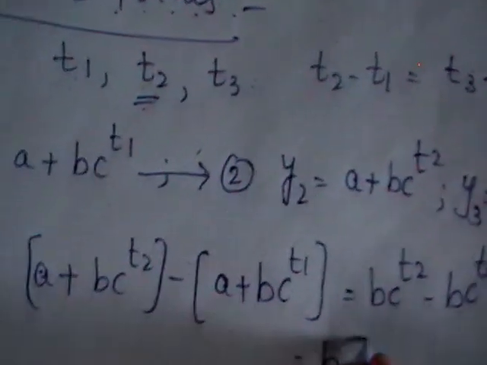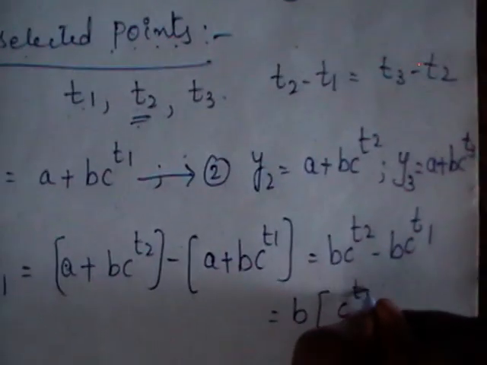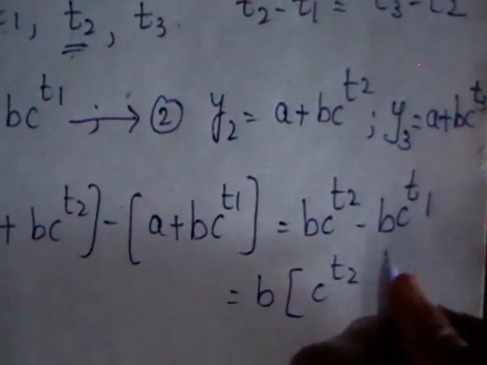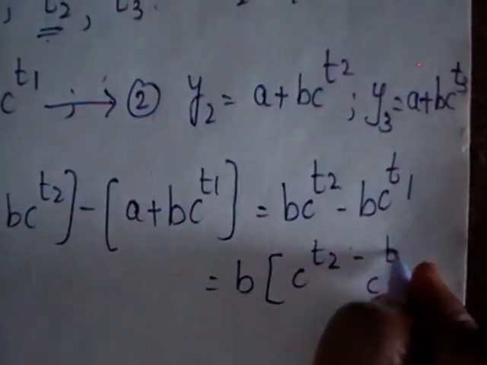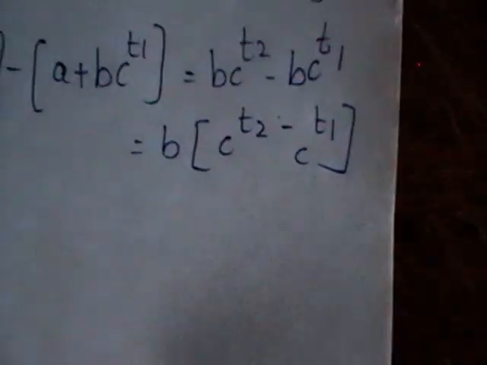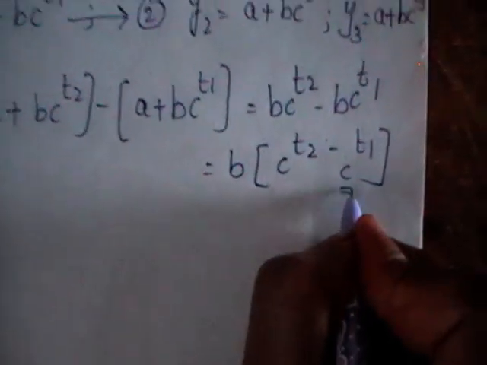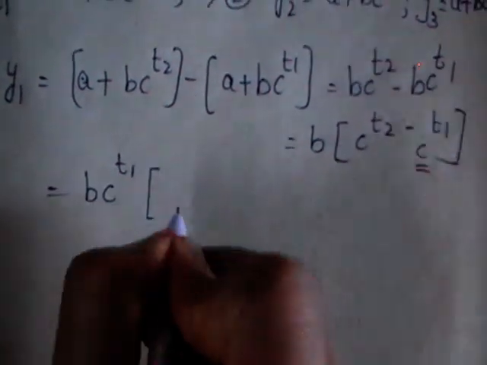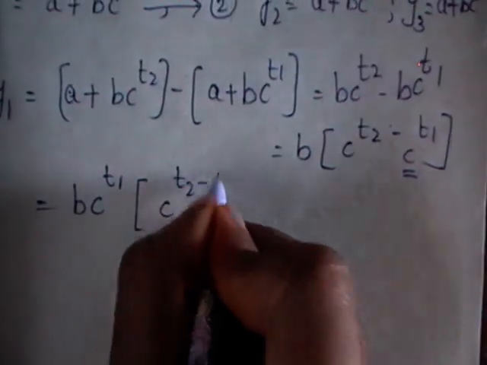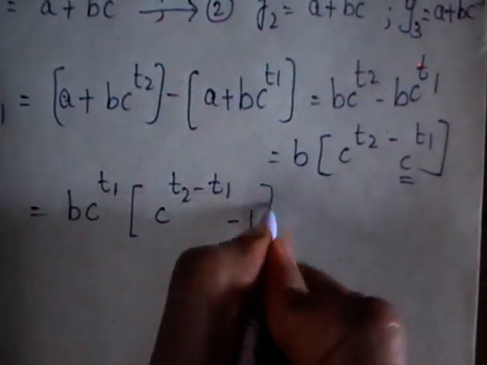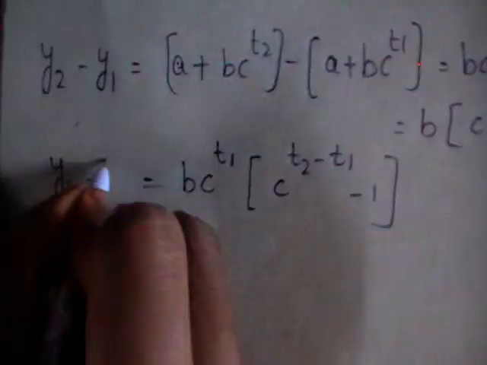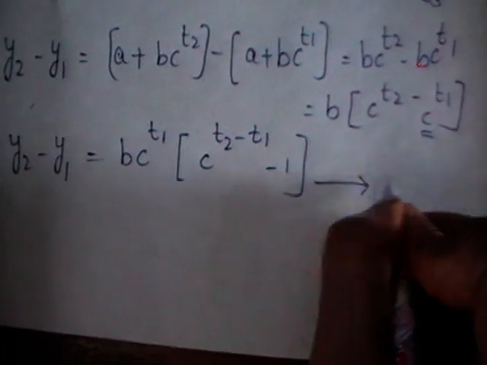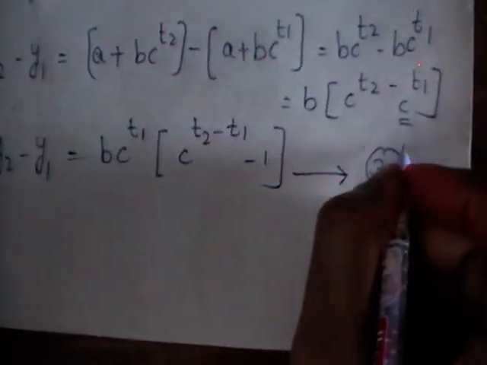On simplification, if we take out b common, c power t2 minus c power t1. Again let us take out the second term c power t1 as the common one, then you will get b c power t1 into c power t2 minus t1 minus 1. So y2 minus y1 you got as this one. Let us name it as equation number 3.